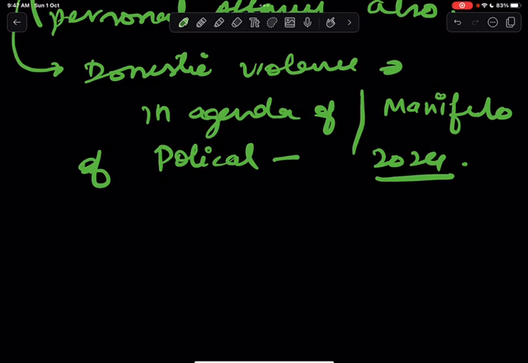The good thing is that this is by the initiative of the judiciary, but still the legislature has a lackadaisical approach. But say if political parties come with a party manifesto saying this is my agenda and five points are related to women, or personal affairs, personal things, then the demand of feminists would be fulfilled.